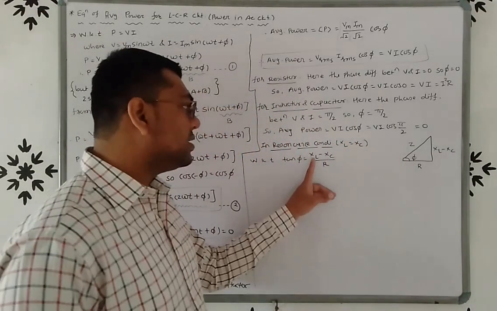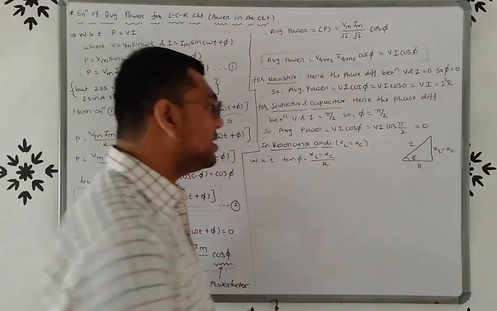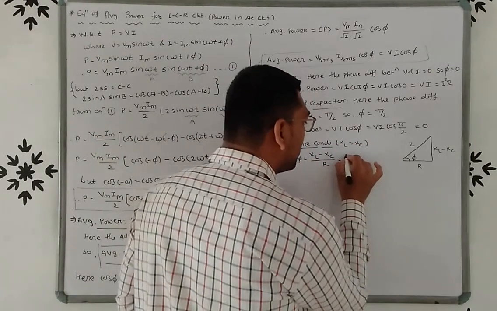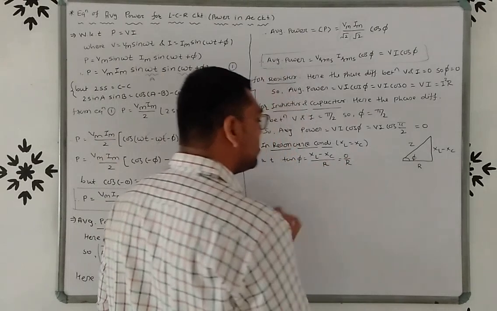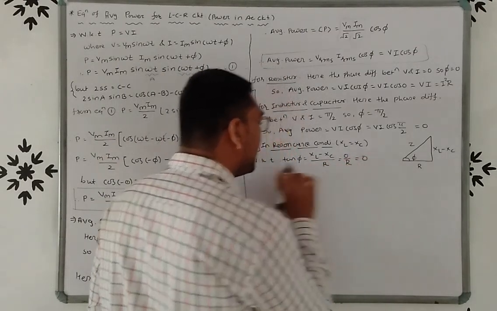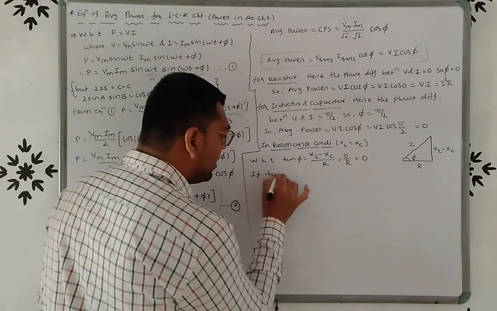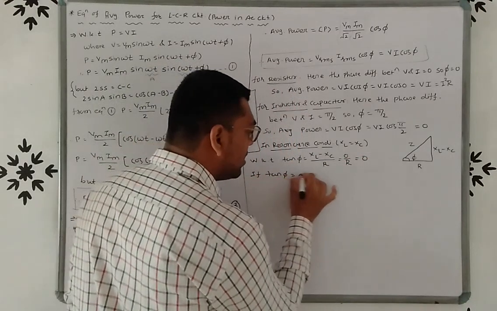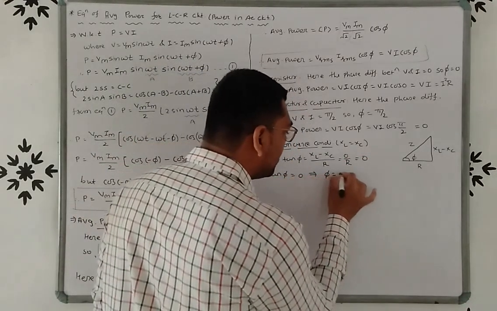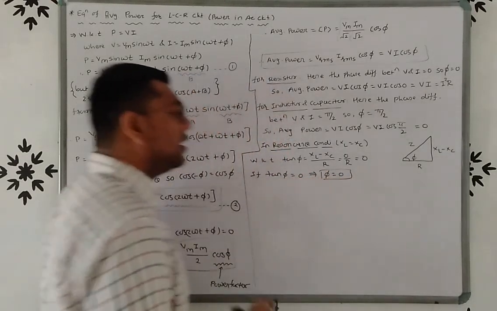So XL minus XC is equal to 0. So tan phi is equal to 0. So if tan phi is equal to 0, the value of phi is equal to 0, right?